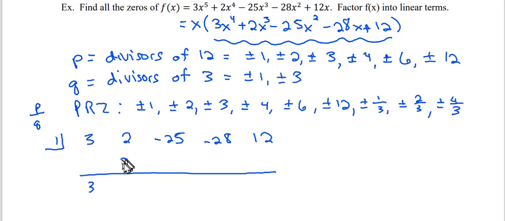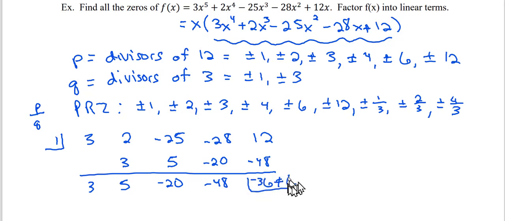We multiply 1 times 3, put it in that spot, add, we get 5. 1 times 5 is 5, add, we get negative 20. 1 times negative 20 is negative 20, which gives me negative 48. When I multiply those, I get negative 48, and I add, I get negative 36. Not 0, x equals 1 is not a zero of f of x.